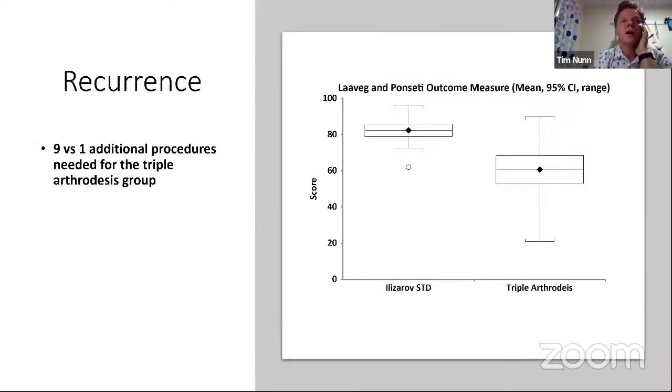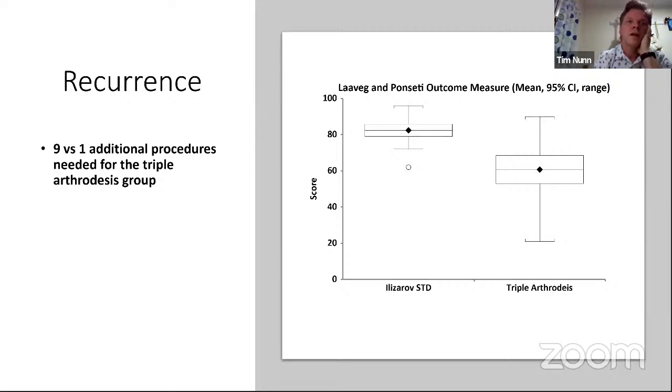So in terms of the recurrence, we had 9 patients in the triple arthrodesis group that required additional procedures. Some of those were additional frames, some were additional triple arthrodeses, and other things as well, some midfoot osteotomies.